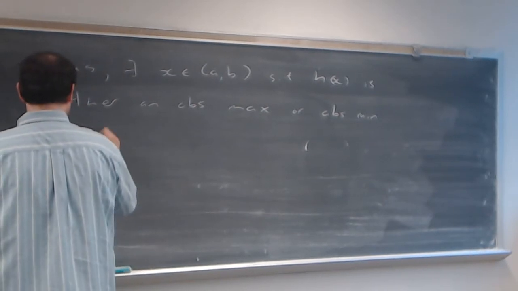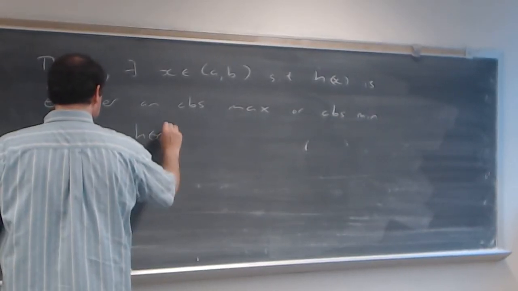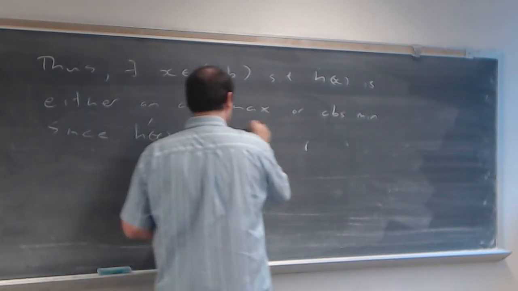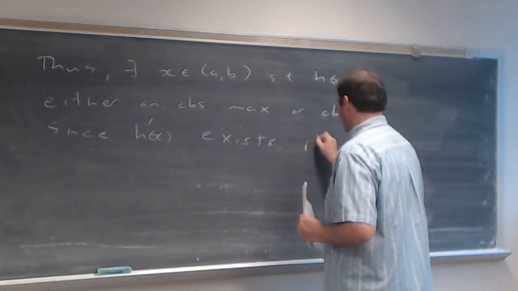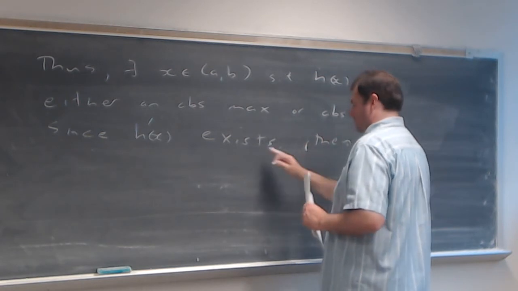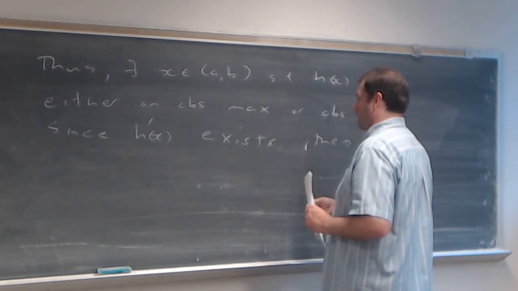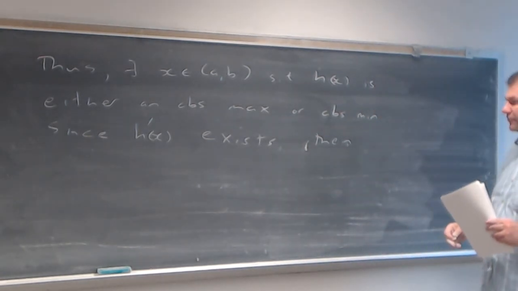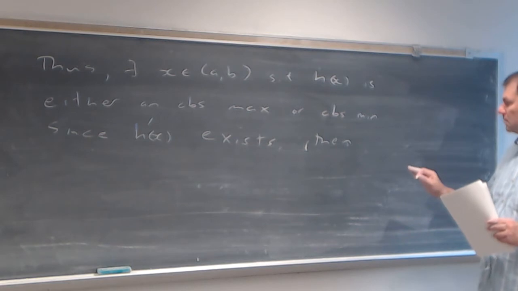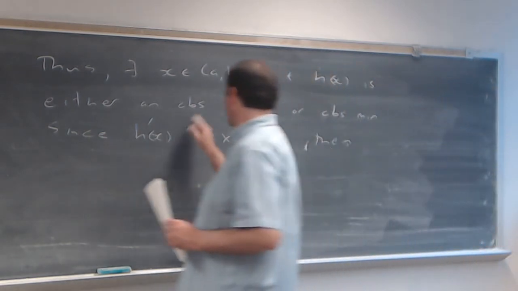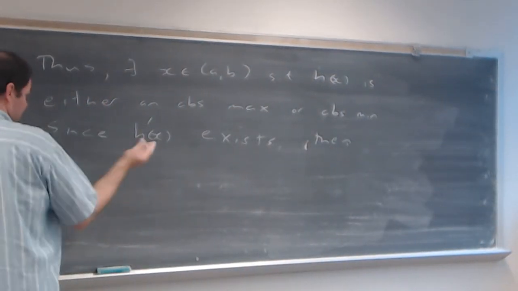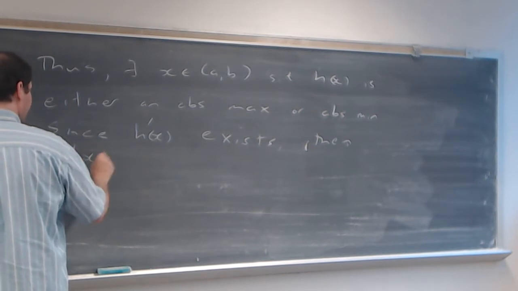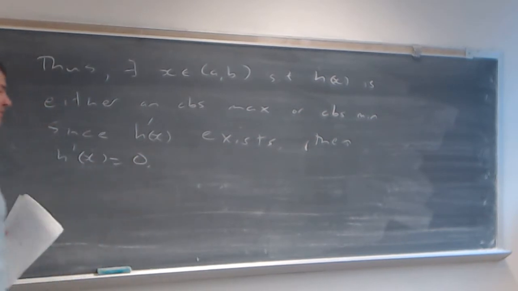Since h prime of x exists by a previous theorem, because of our supposition about f and g being differentiable in the open interval, then if we're looking at a maximum or minimum, they're going to be local too, so h prime of x will be equal to 0 from a previous theorem.